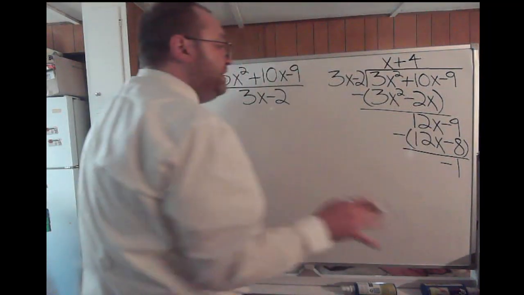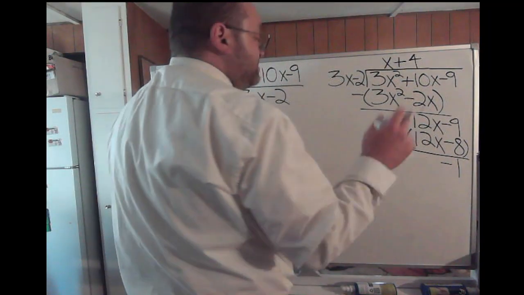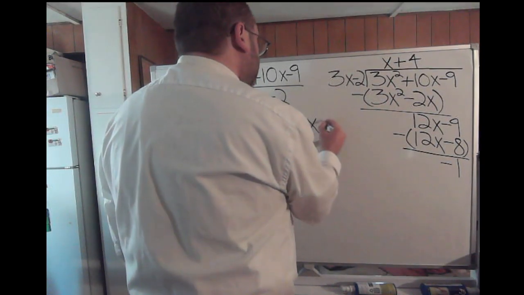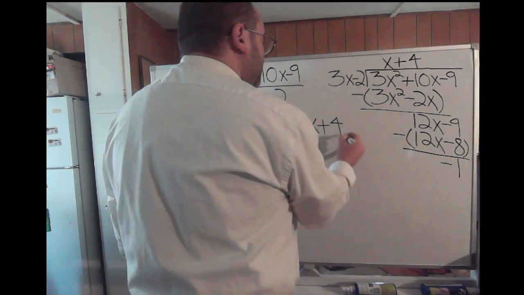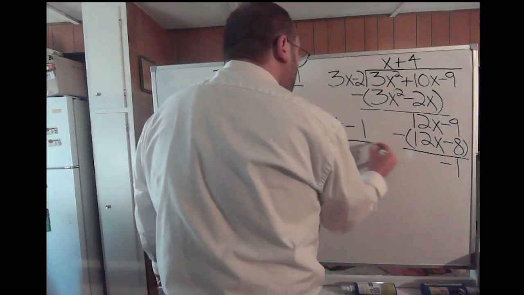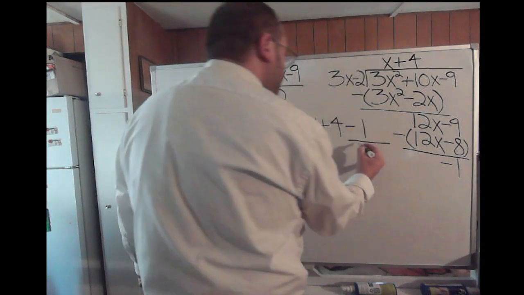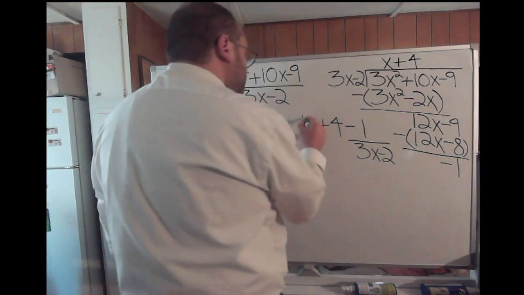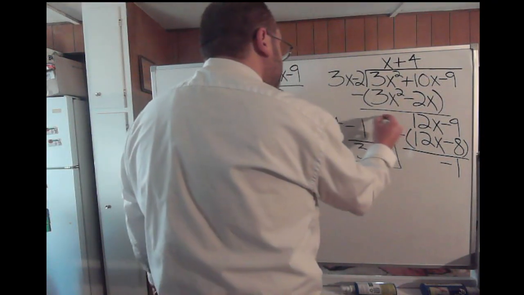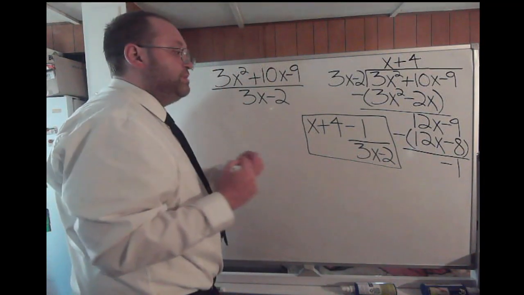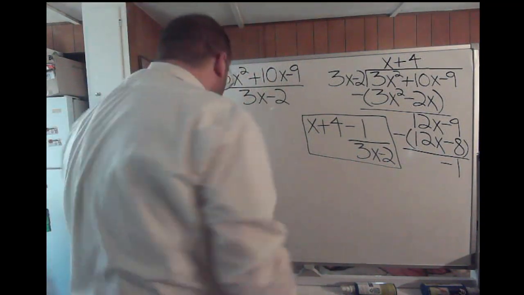So you have a remainder of negative 1. How you're going to write this is your quotient of x plus 4. Now you have a negative 1, so you can do minus 1 over that divisor of 3x minus 2. So the answer you should get for this would be x plus 4 minus 1 over 3x minus 2. That would be the answer you would get.